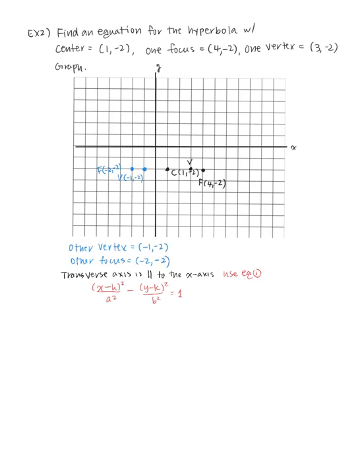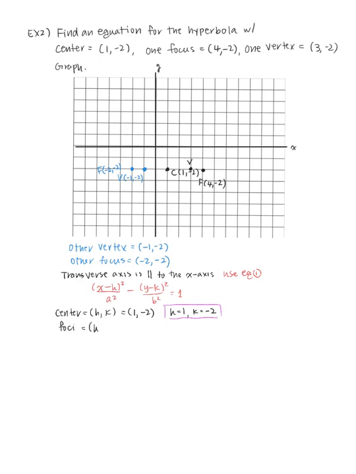Alright, now let's determine h, k, a, b, and c. Let's first go with the center. The center is always (h, k), which is (1, -2). So again, h is 1 and k is negative 2. Okay, so now let's go with the foci.